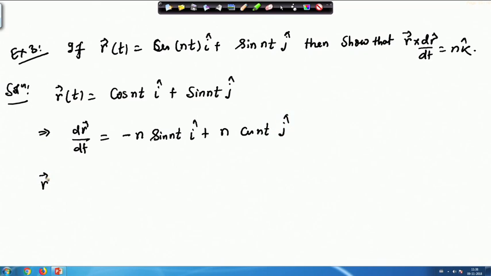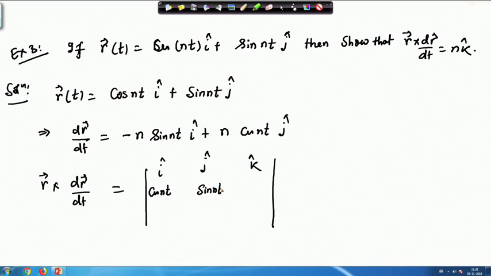Now, we will calculate the cross product r cross dr/dt. So, this will be i, j, k. We know how we calculate the cross product. We take the determinant, and here we will have the components of r: cos nt, sin nt, and the k component is 0, and here minus n sin nt, n cos nt, the components of dr/dt, where the k component is again 0.